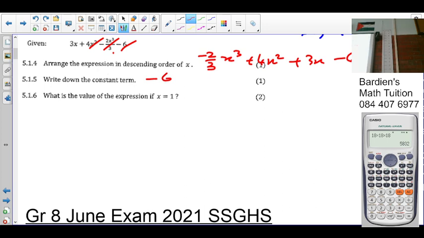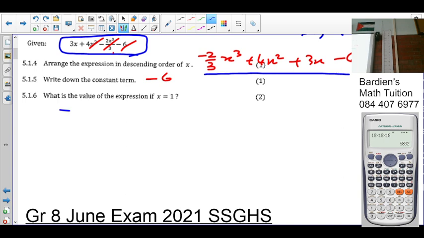What is the value of the expression if x equals 1? So wherever I see x, I put a 1. So either I substitute into there or there, doesn't matter, not so. I'm going with the rearranged version of it. So it's negative 2 over 3 times 1 cubed plus 4 times 1 squared plus 3 times 1 minus 6.